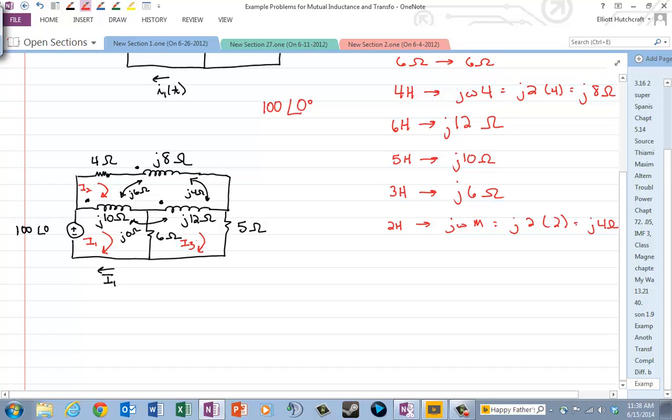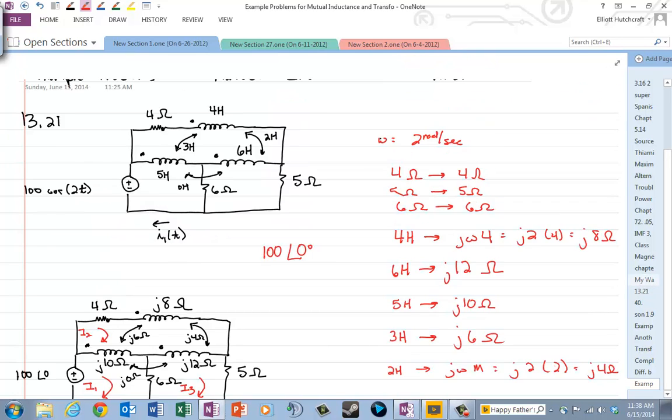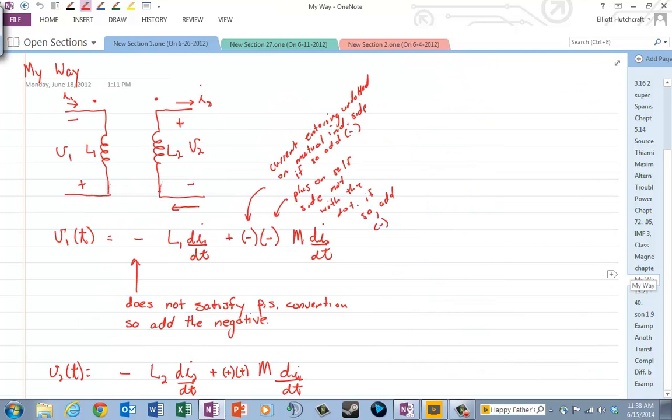Okay, so now the next thing I want to go back to is talking about how we get the equations that we need. I really like using mesh analysis for these problems because it tends to work pretty nicely for the rules of the inductors. And what I mean by that is, let's go over here and talk about how I want to do things.